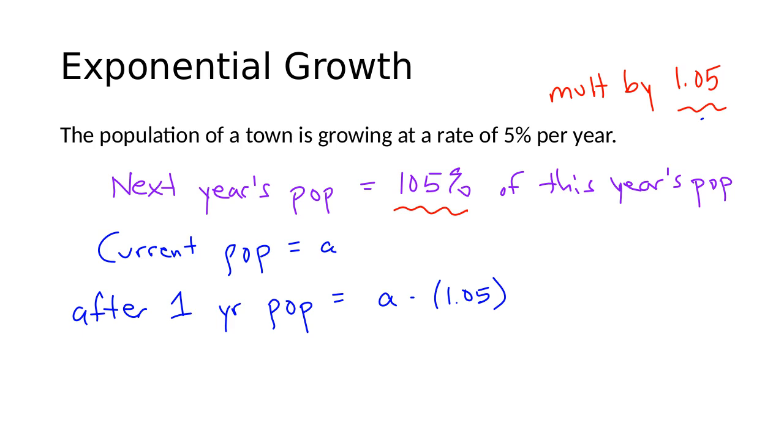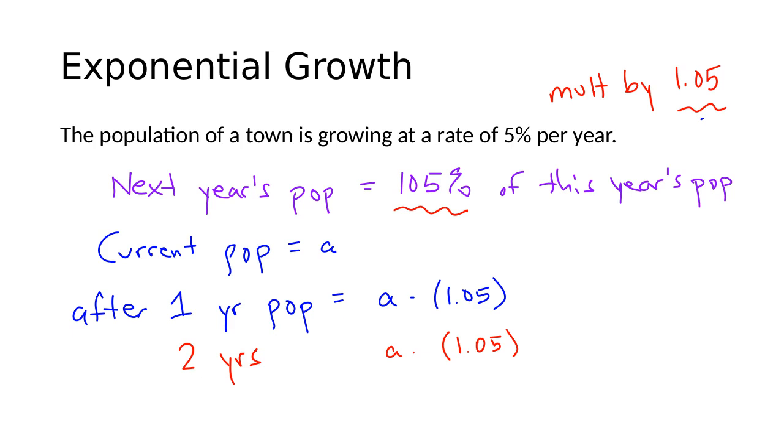That would be 105% of A, which is what the population will be after 1 year. Okay, what about after 2 years? Well, let's see, A times 1.05, that's the current population times 1.05, so that's after 1 year.